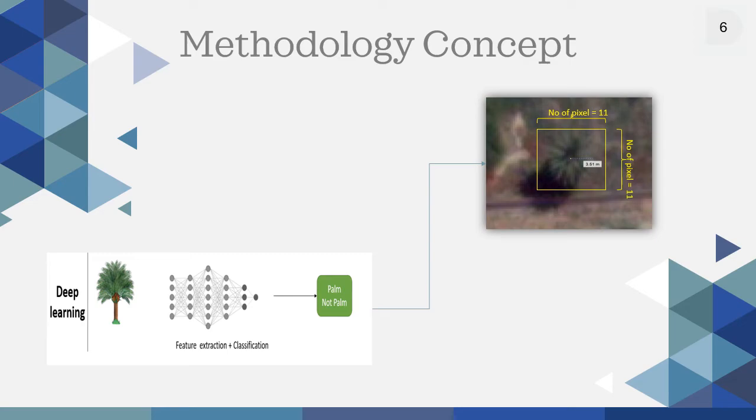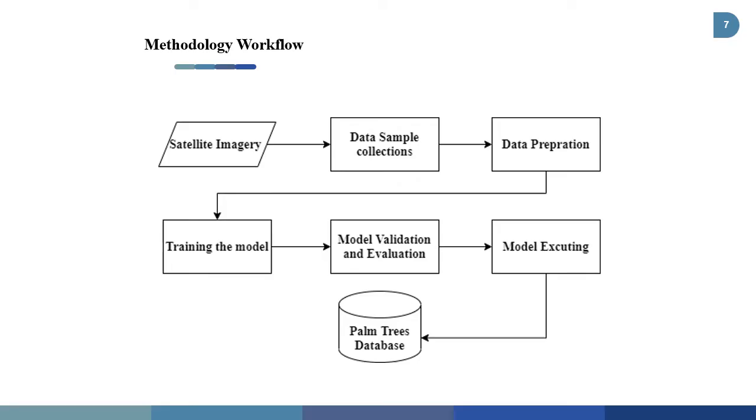The methodology, in short, as you can see, starts from raw satellite imagery and at the end will result in the palm tree database. This database at the bottom of this slide can be considered a backbone for a variety of applications, so you can build a lot of applications based on this database.